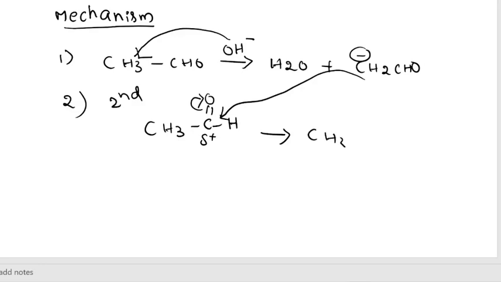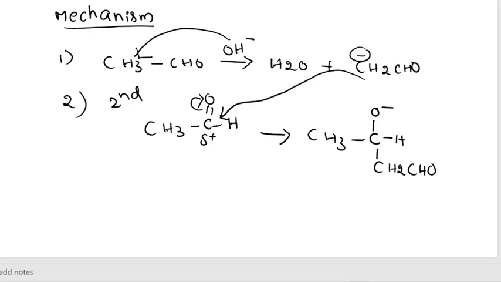So you will get the alkoxide. See here, this bond shifts onto the oxygen, that means you will get an O minus here. And on this carbon there is a hydrogen, and whatever carbanion group is there attacks on this carbon, so I am writing CH2CHO here. This is called the alkoxide ion.